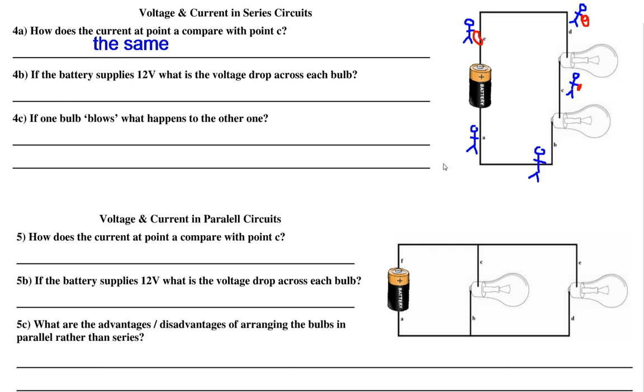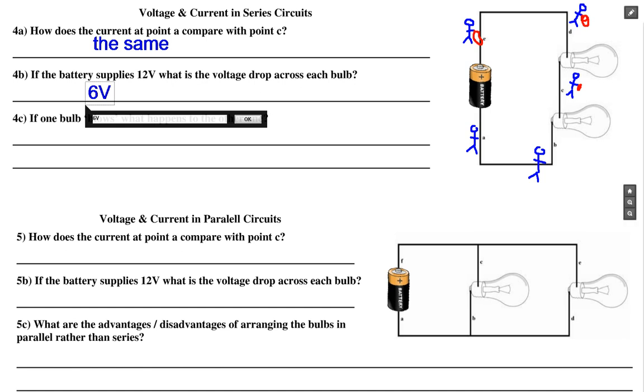If the battery supplies 12 volts, so it gives each electron, or packet, a group of electrons, 12 volts of energy, what will the voltage drop be across each bulb? In this case, the voltage drop across each bulb would be 6 volts.